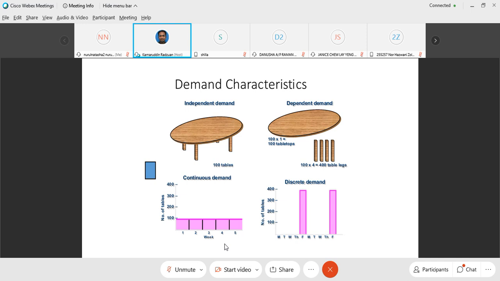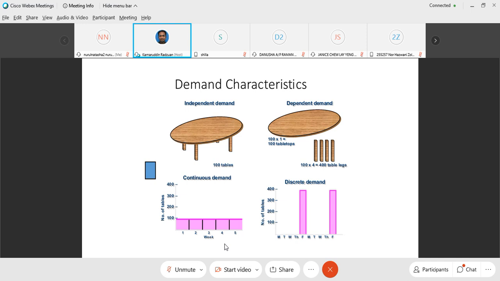Jadi kebanyakan sifat yang ada produk item inventory yang mempunyai continuous demand ni adalah pada finish goods. Manakala untuk discrete demand, kebanyakan item yang ada adalah pada raw material ataupun komponen, kan?